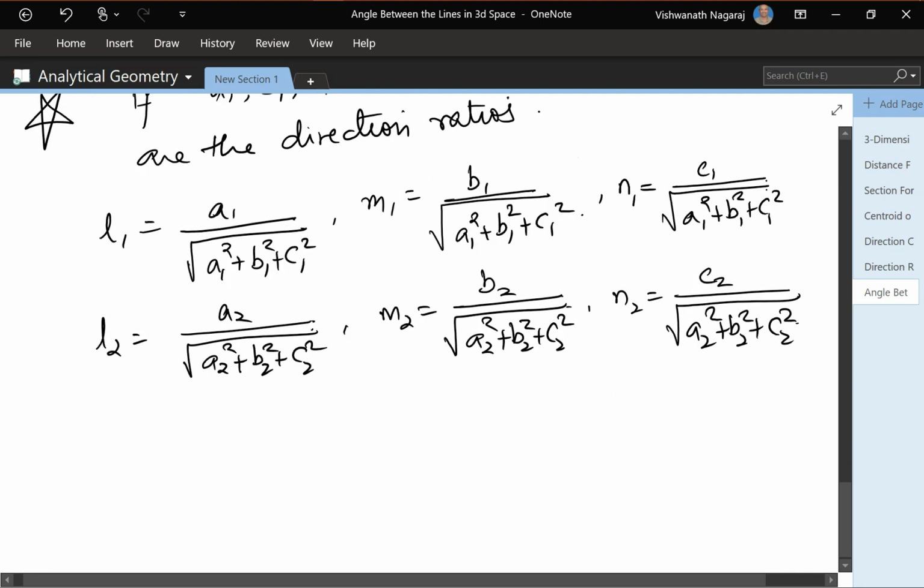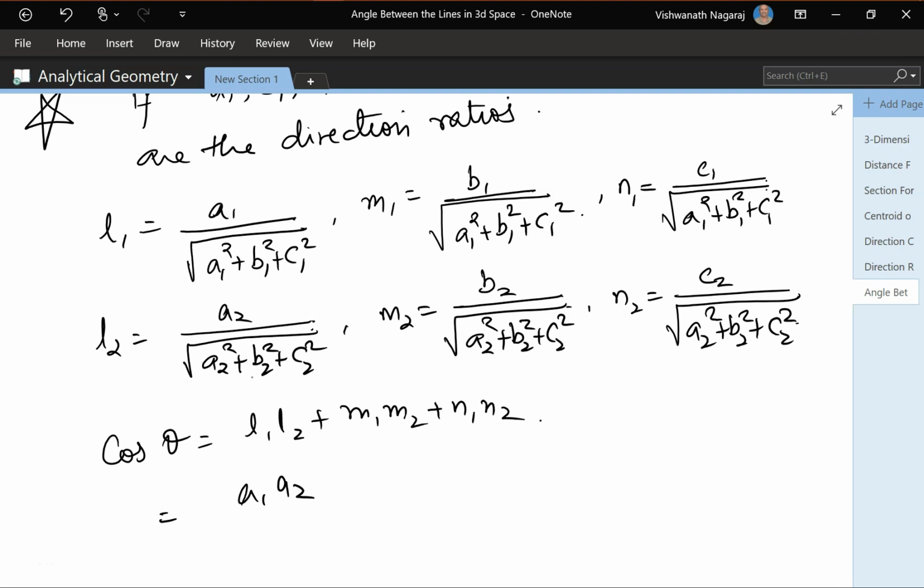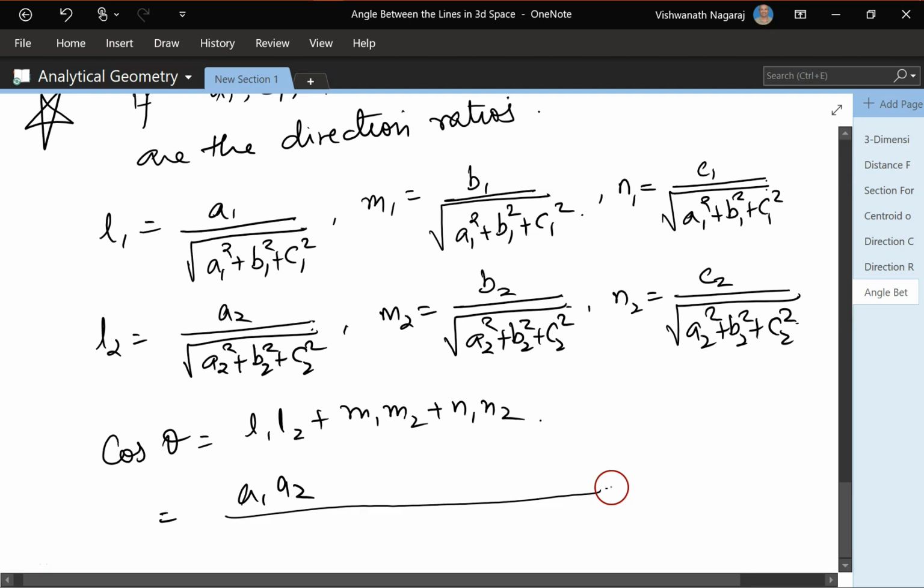Okay, now we know cos theta is equal to L1 L2 plus M1 M2 plus N1 N2. Just do the substitutions. When you do the substitutions, L1 times L2 becomes A1 A2, and we multiply the denominators also. If you notice, denominators are the same for L, M and N. So we can combine them, because anyhow afterwards we'll have to add it.